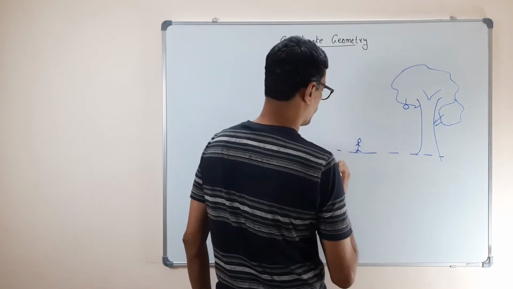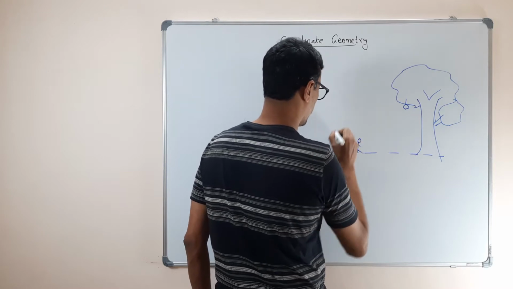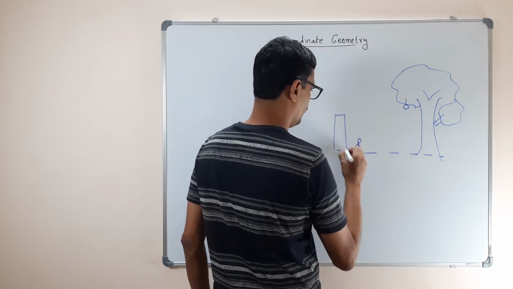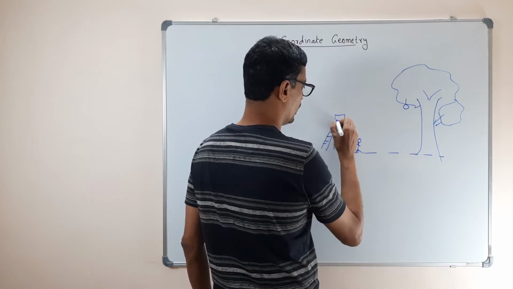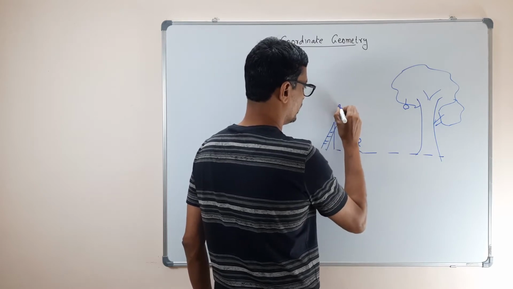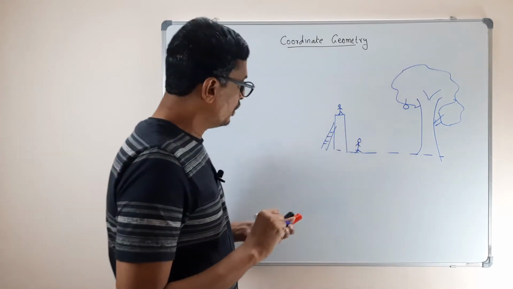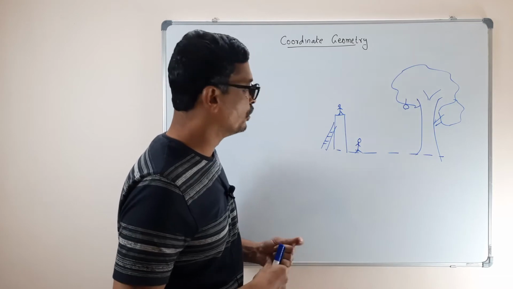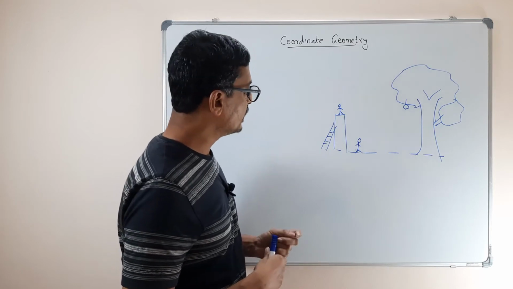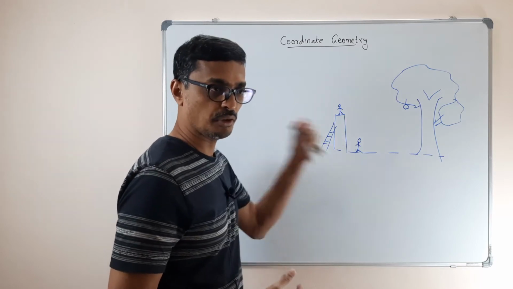And another one of your friends is standing on, say, a ladder or whatever, some elevated point. He climbed over by the ladder and then he was standing here. Okay, now he's asking you what is the coordinate of this apple or the fruit.